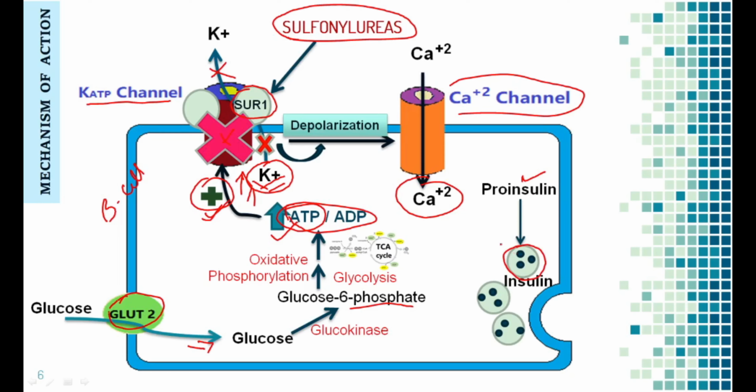Whenever calcium is coming inside the cell, the concentration of calcium increases. It also triggers a further increase, because calcium is stored inside the cell too, so that is also released, and the calcium concentration keeps increasing.